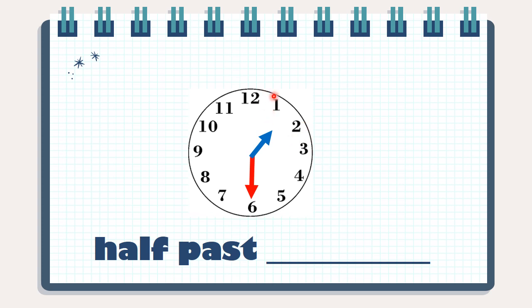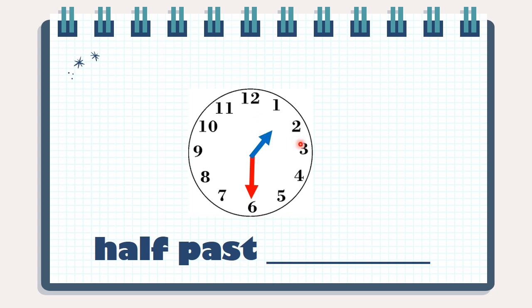Is it 1 or 2? We write 1. Look at the short hand. It is between 1 and 2. So what number should you take? You should take number 1, which is the number before the arrow. It becomes half past 1.